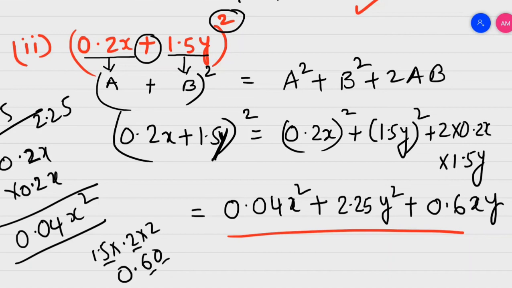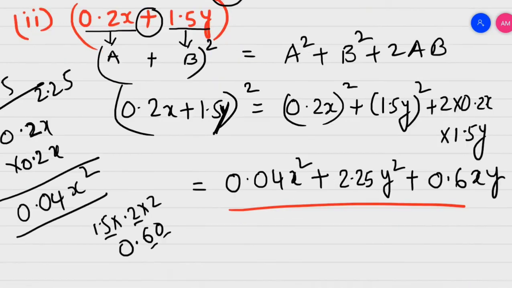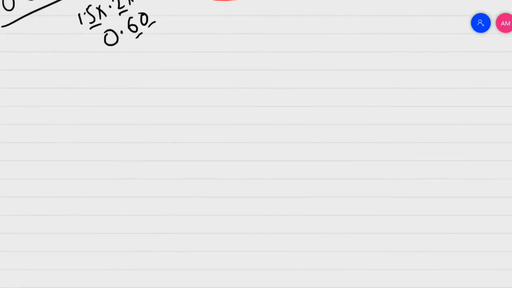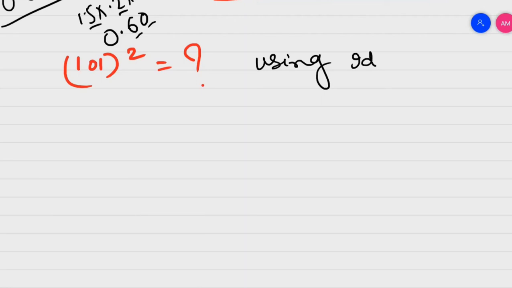Okay, now let us see one more type of question. Evaluate the following by using identity 1. Suppose you are being asked to find 101 whole square using identity 1.